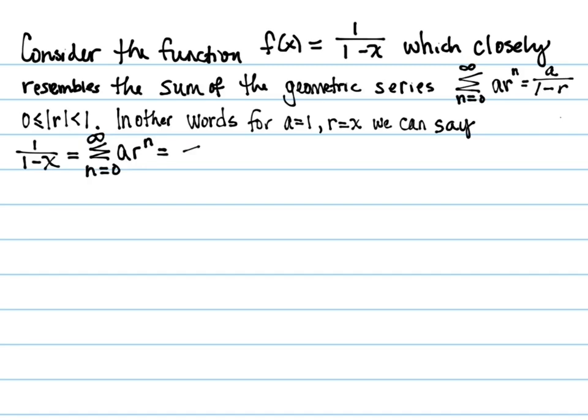Using those values, this would be the summation from n equals 0 to infinity of x to the n. A is 1, r is x, we would end up with this. So what you see, if you consider the outer edges of this, is that we now have a function represented as an infinite series.